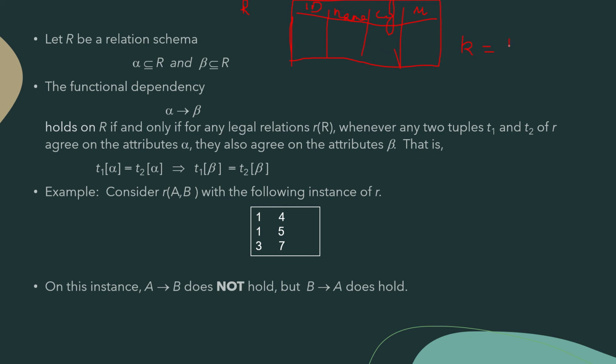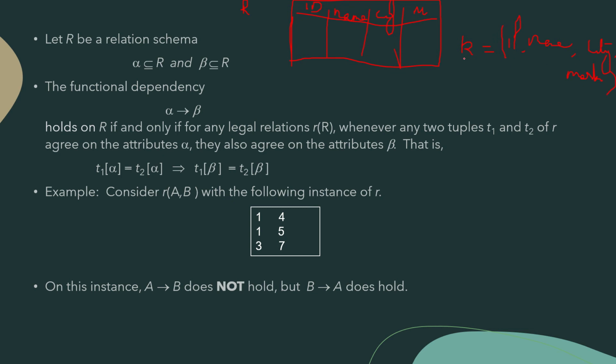That is the ID, comma, the next one is name, then next is city, then next one is mark. Okay, so this is the corresponding schema for this table R.